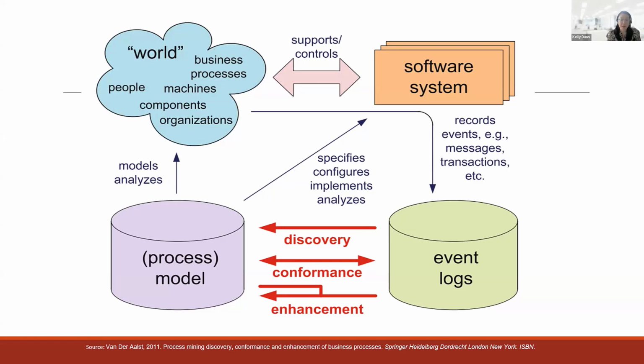There are three main types of process mining: process discovery, conformance, and enhancement. Based on big data, process mining allows users to see the paths of different digital footprints in a systematic way in order to improve or enhance the existing business process model.